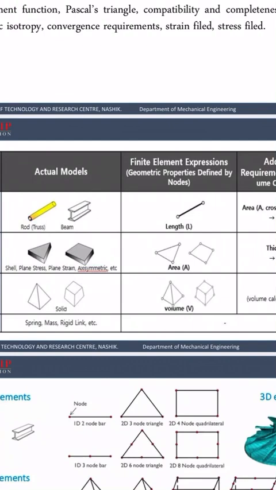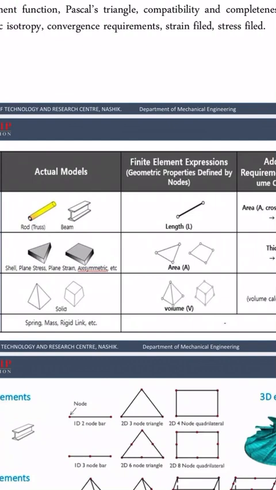Finite element expressions means what? We will distinguish these three elements or geometries, one-dimensional, two-dimensional and three-dimensional, based on the geometric properties which are defined by the nodes. As we know, for a one-dimensional element there must be only two nodes, as we studied for the bar element, shaft element or truss element.